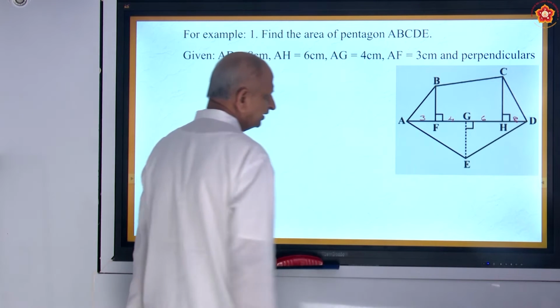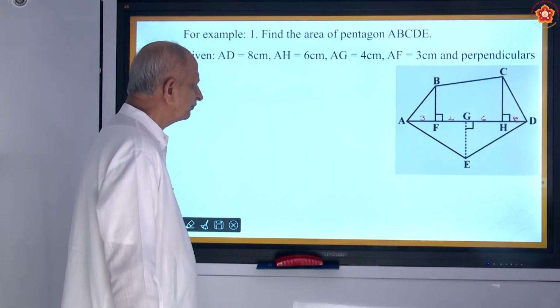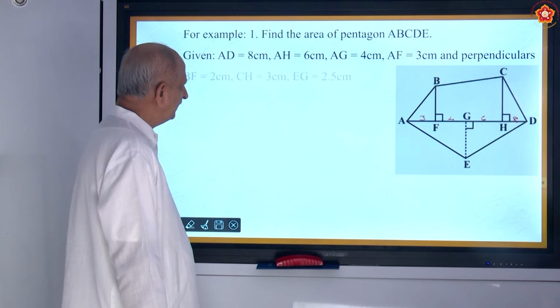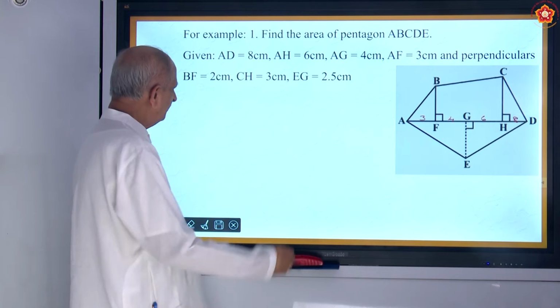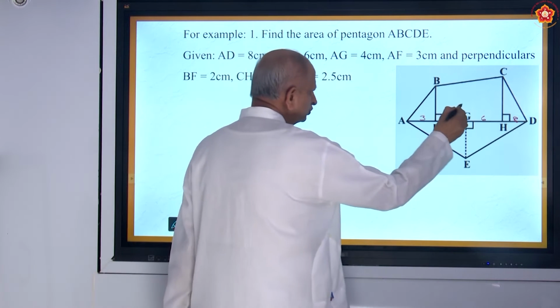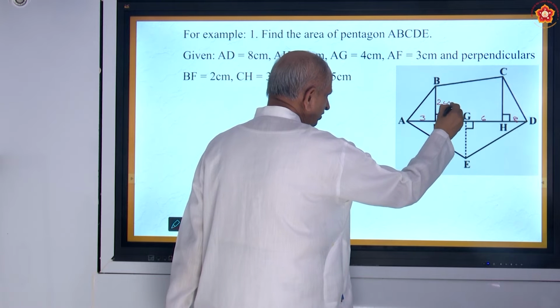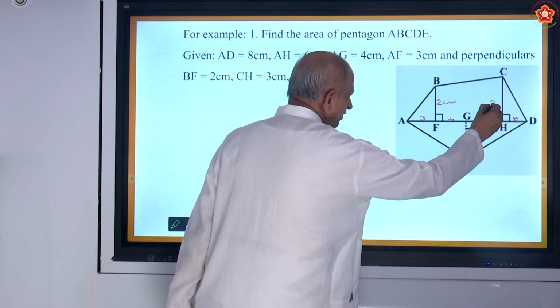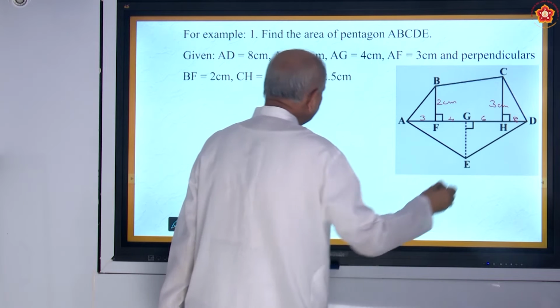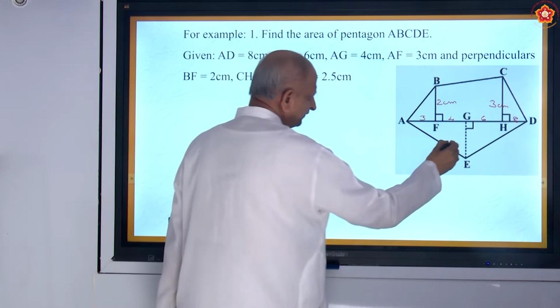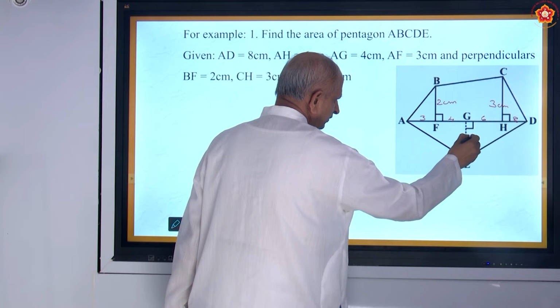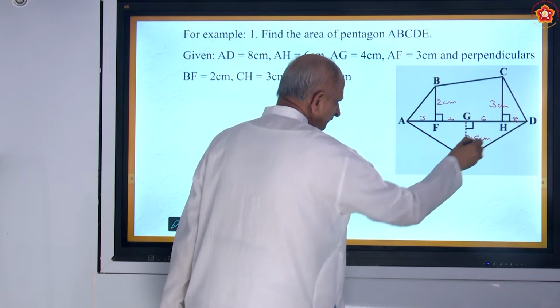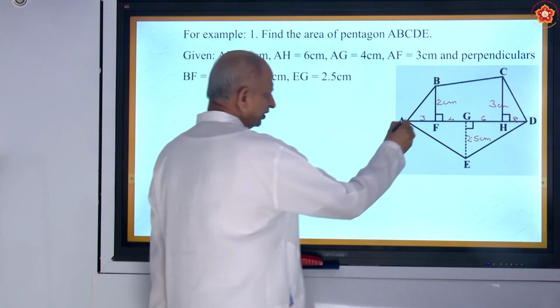So from here to here it is 8. Okay, and perpendiculars are also given. BF is 2 centimeters, and CH is 3 centimeters, and EG is 2.5 centimeters. So these are all centimeters.